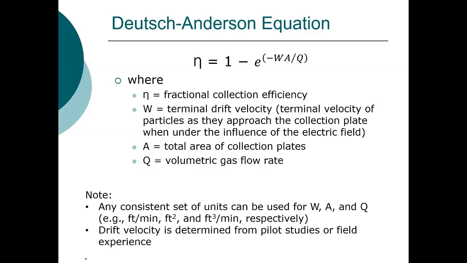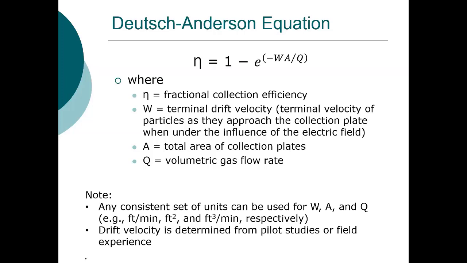So as the gas moves through the electrostatic precipitator, the concentration of the particles will decrease because of the net migration of these particles to the plate. This equation is referred to as the Deutsch-Anderson equation, and it's derived from a mass balance on the particles that are flowing in and out of the electrostatic precipitator.